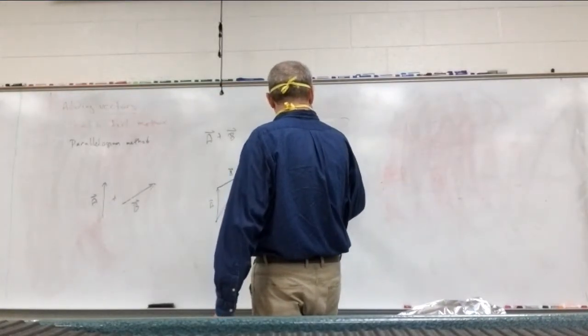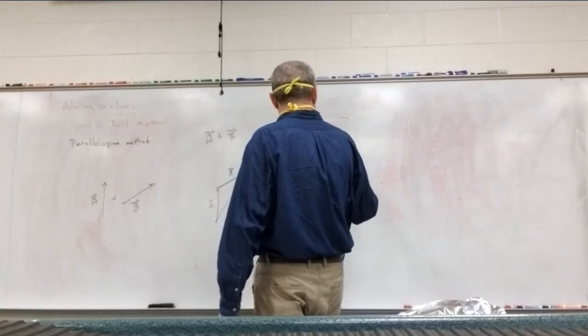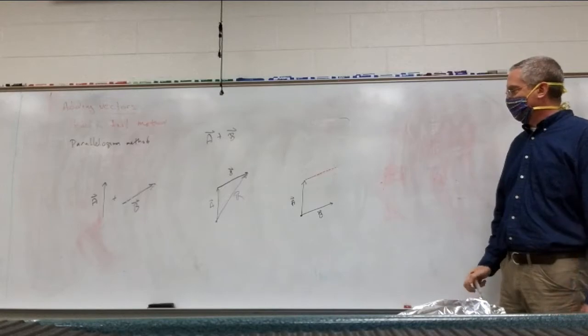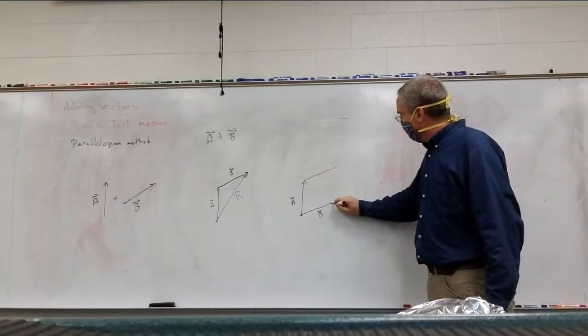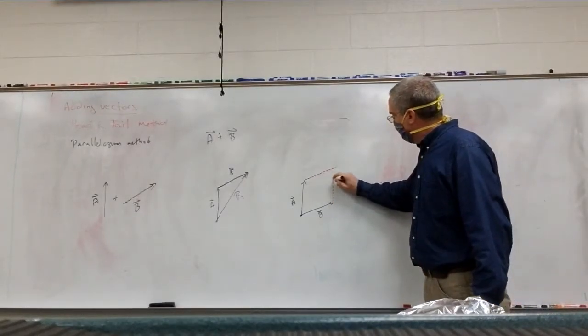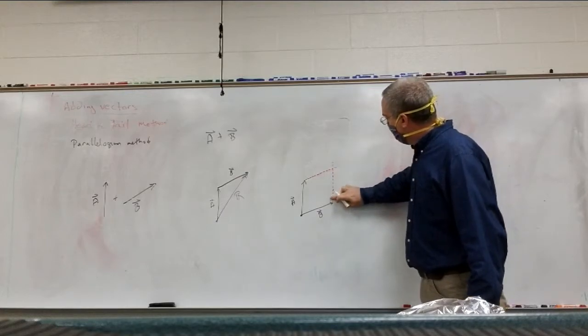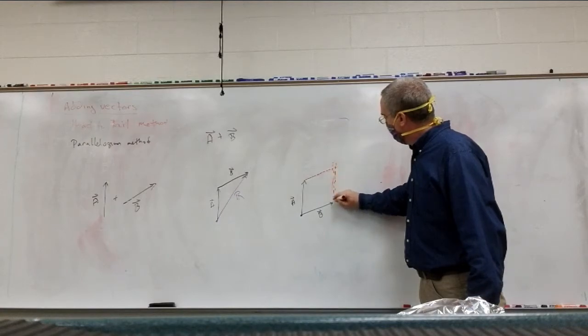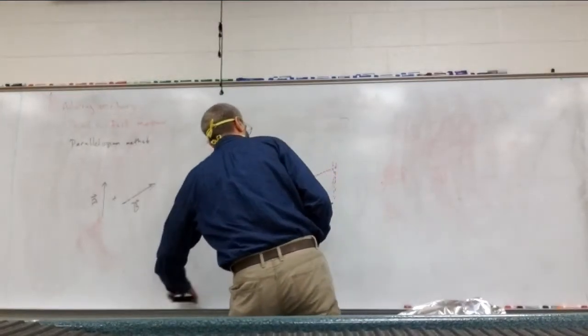I'm only marginally better straight on. That dotted line should be parallel to B. This one should be parallel to A. And not particularly well. Excuse my back.